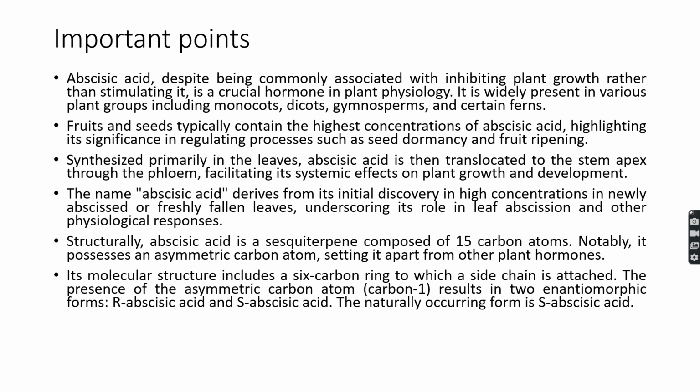The first important point is that abscisic acid, despite being commonly associated with inhibiting plant growth rather than stimulating it, is a crucial hormone in plant physiology. It is widely present in various plant groups, including monocots, dicots, gymnosperms, and certain ferns.